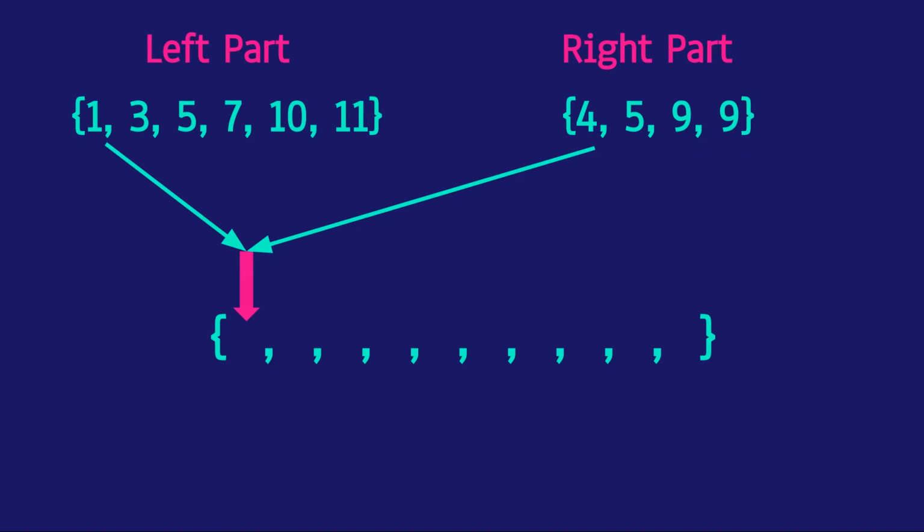We'll start with the first element in the left part, first element in the right part, and we'll compare both of them. Since we want to arrange them in ascending order, which element do you think should come here? Like what you see on the screen, the array below is the final answer. Among the first element in the left part and first element in the right part, which one do you think should come in the first place here?